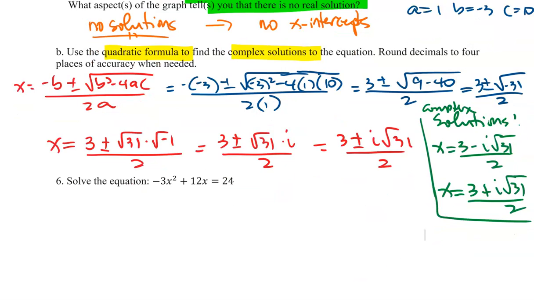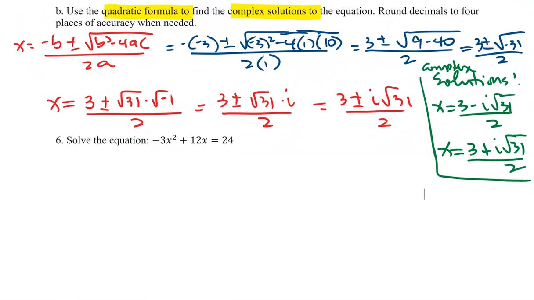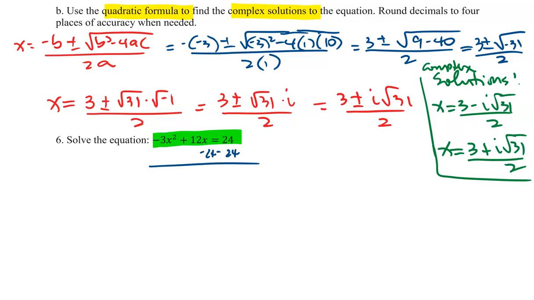Okay, then number 6. This time solve the equation -3x squared plus 12x is equal to 24. We can subtract 24 from both sides, and that is -3x squared plus 12x minus 24 is equal to 0.